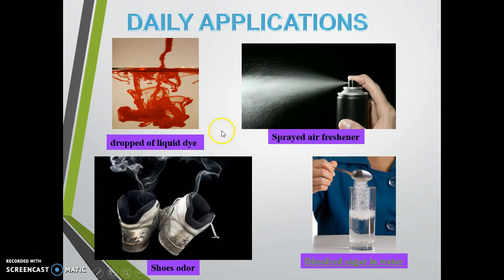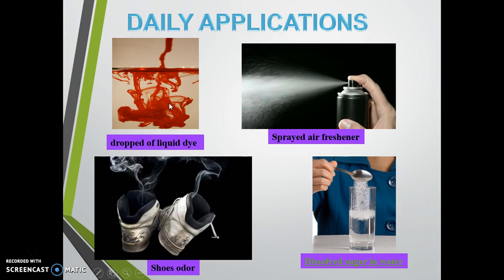Some of the daily applications of mass transfer are, first, a drop of liquid dye. For example, you have syrup liquid and you have water. So high concentration of syrup liquid will diffuse into the lower concentration region of syrup liquid, which is in water, until it is uniformly distributed in this water.